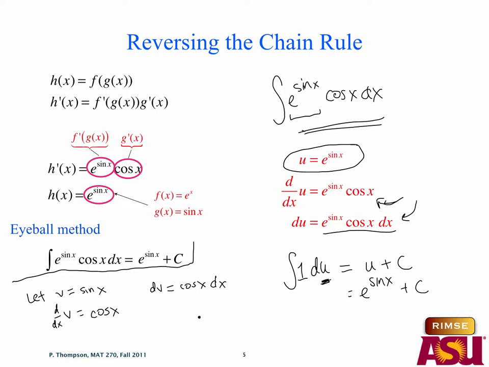That's the meaning that we've developed for rate of change, okay? And then if I go back to my original integral and rewrite it in terms of v, well, I've got e to the v, because v is sine of x, and then cosine x dx, hey, that's right here. So I've got e to the v dv.